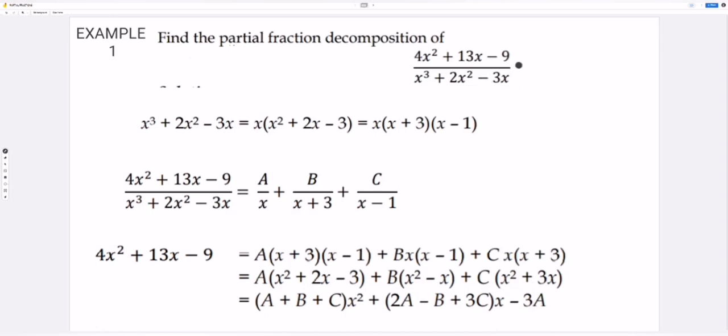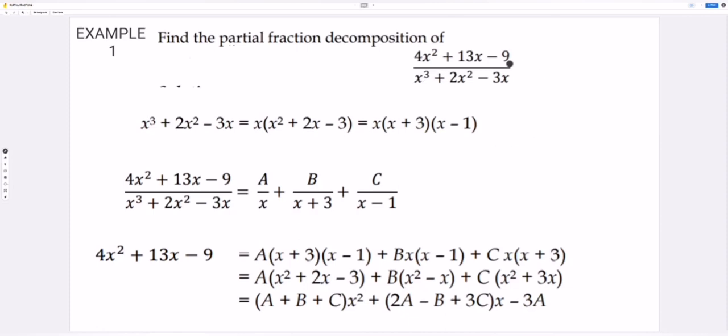First, we need to inspect whether this rational expression fits our first guideline, that the degree of the numerator must be less than the degree of the denominator. By inspection, yes, it is less, because the degree of the numerator is 2 while the degree of the denominator is 3.